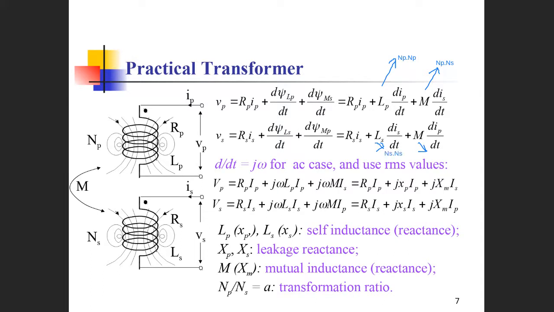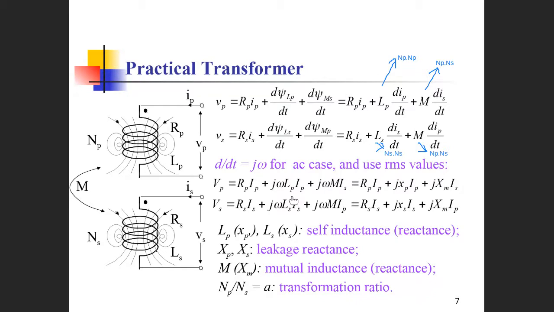But here, for the mutual flux, the producer is the primary and the receiver is the secondary. That's the difference.